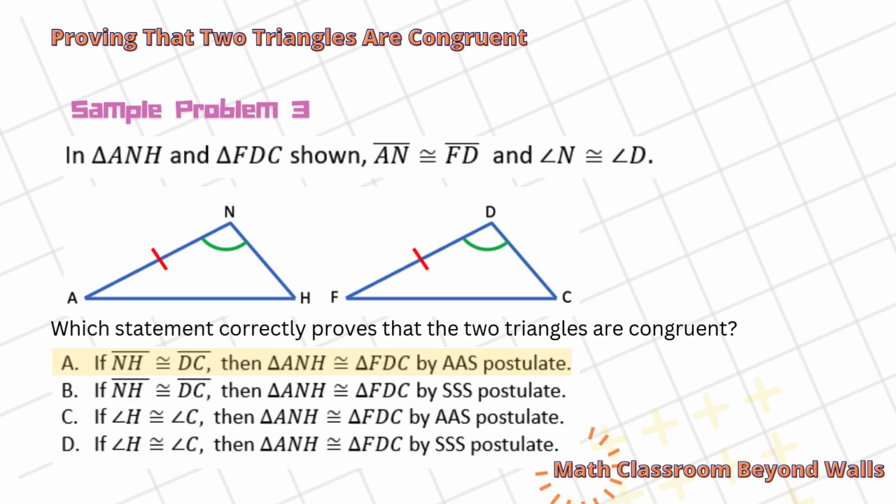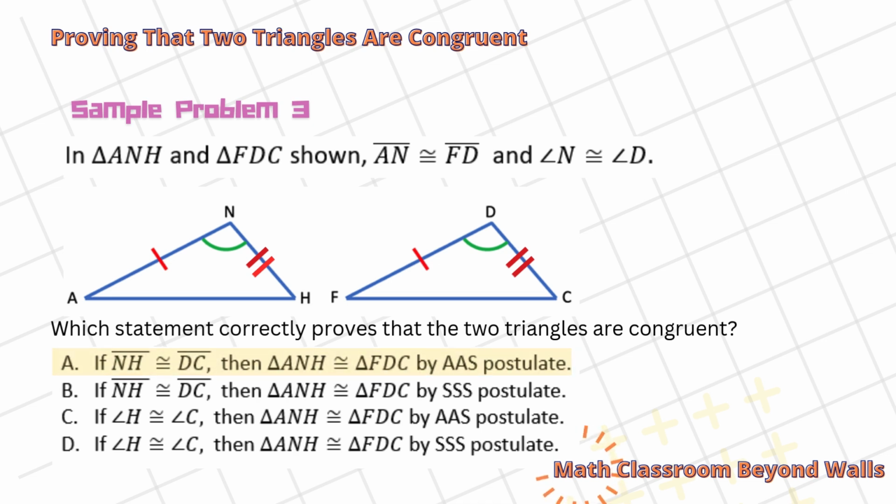If side NH is congruent to side DC, then triangle ANH is congruent to triangle FDC by AAS postulate. Let us add this information into the drawing and see what will happen. There you are.